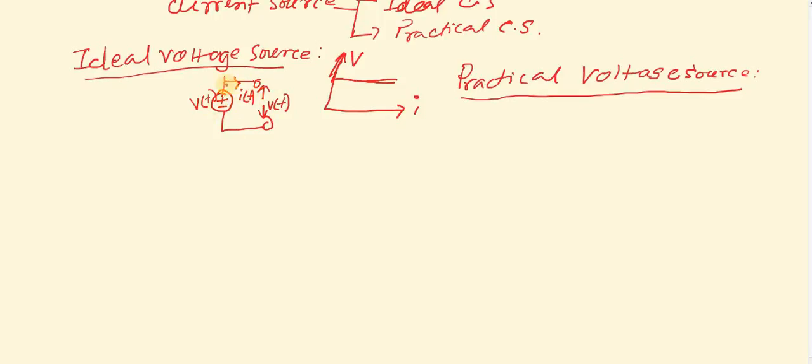This whole behavior we can represent by putting a resistance in series with the voltage source, like this. Say we will draw the practical voltage source like this. This is the voltage source, and in series with this we put a resistance.